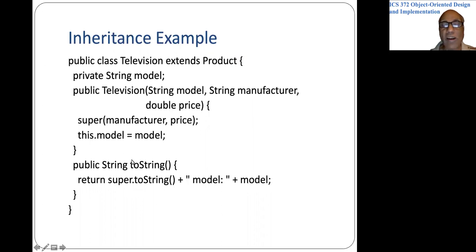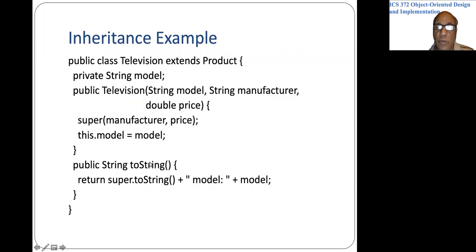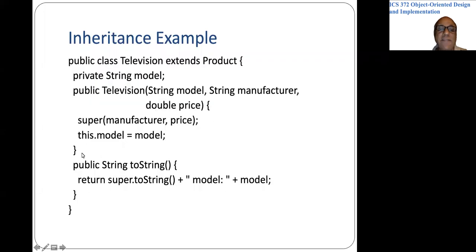So this is an override of toString. So the toString for television would be this. But the sell method and set price methods are whatever they are in the product class. So these are the two methods in the product class. It is as if those methods are present here.